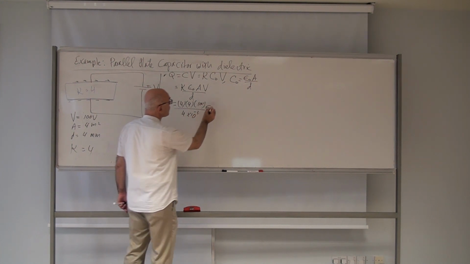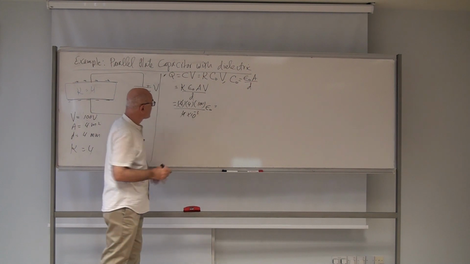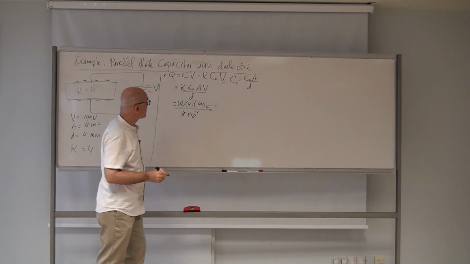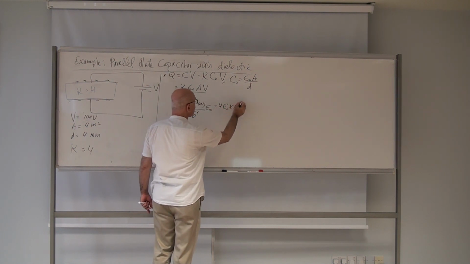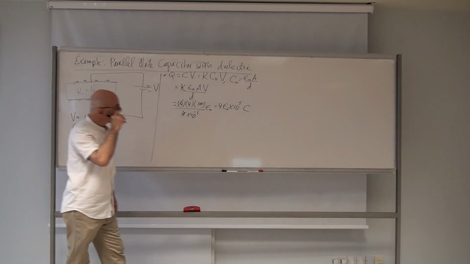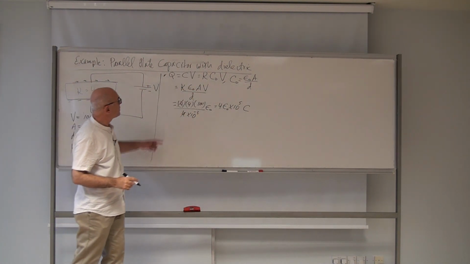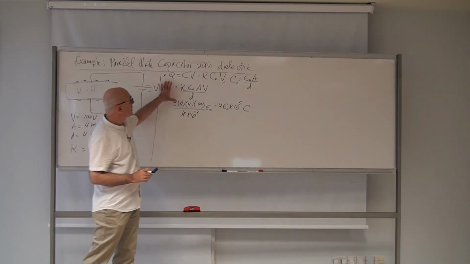This cancels this, and this goes up, so it becomes 5. So the answer is 4 epsilon naught times 10 to the power 5 coulombs. This is my charge, the charge on the capacitor.